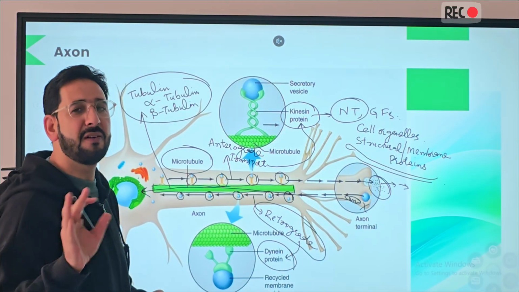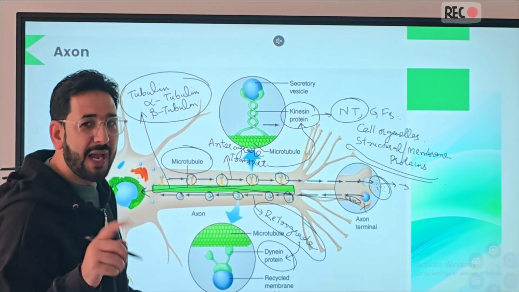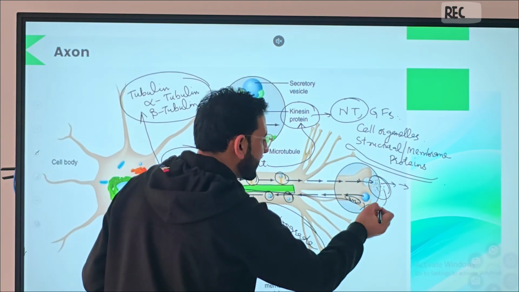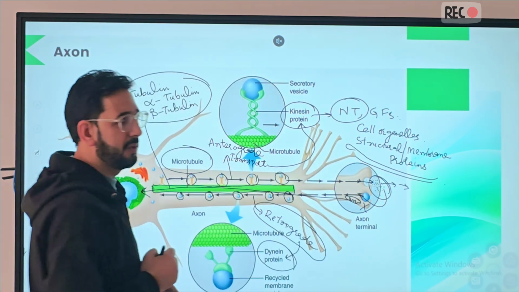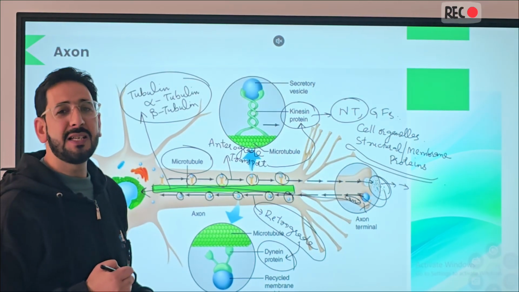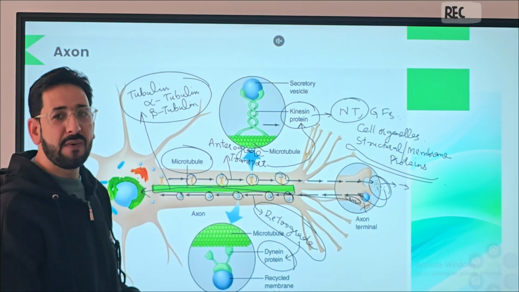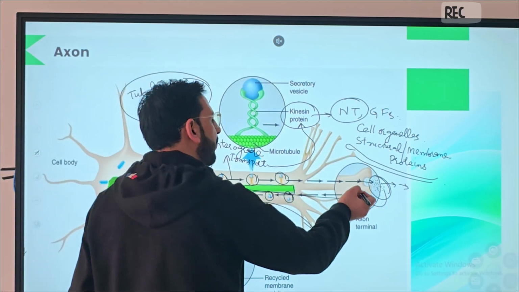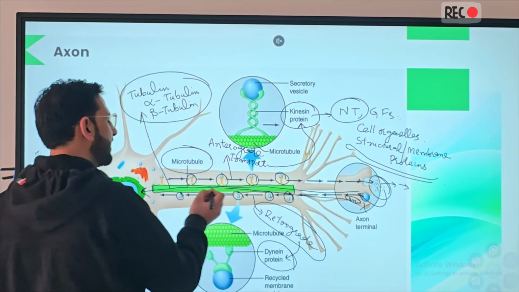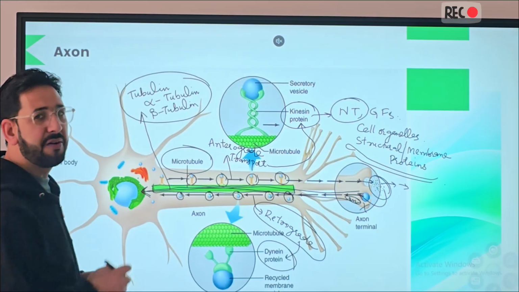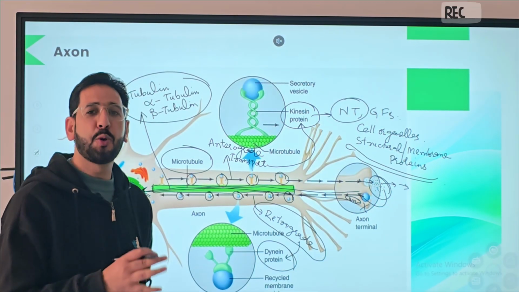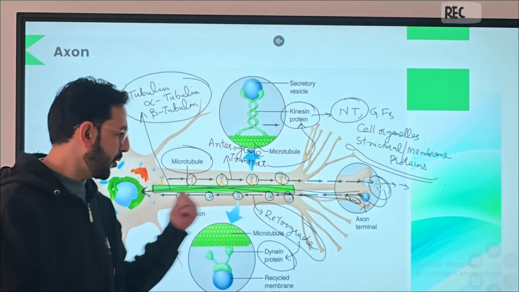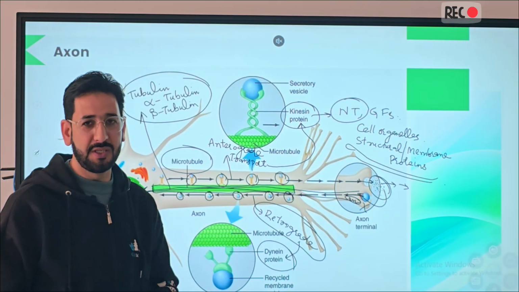It is done in several ways. We are not going to talk about that now, but one of the ways is taking these back into the axon terminal by means of endocytosis, and then taking them towards the cell membrane for the recycling and reprocessing of these neurotransmitters. That can be done by means of retrograde transport by the dynein proteins.